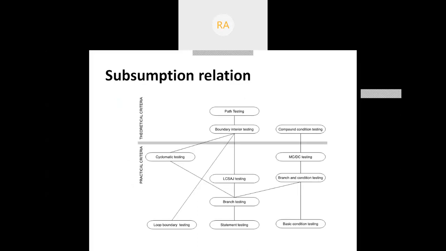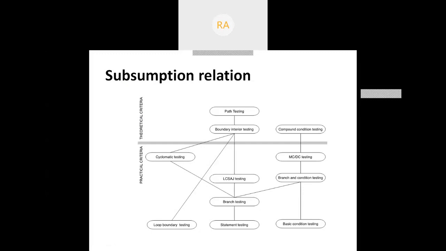Okay, then we have something called subsumption relation. Subsumes means, here the word you have to focus on is subsume. What do you mean by subsume? Here we have gone through various techniques like statement coverage, branch coverage, condition coverage, MCDC coverage, path testing.